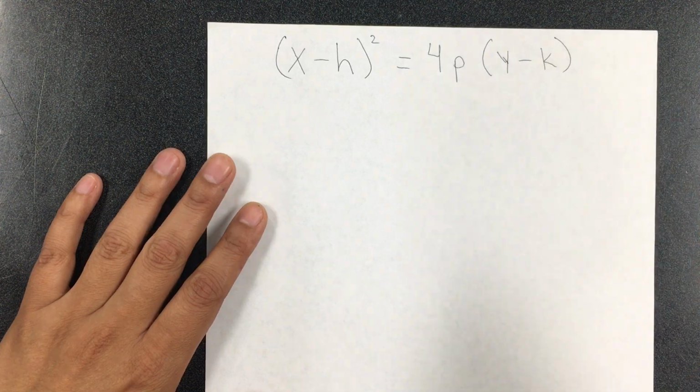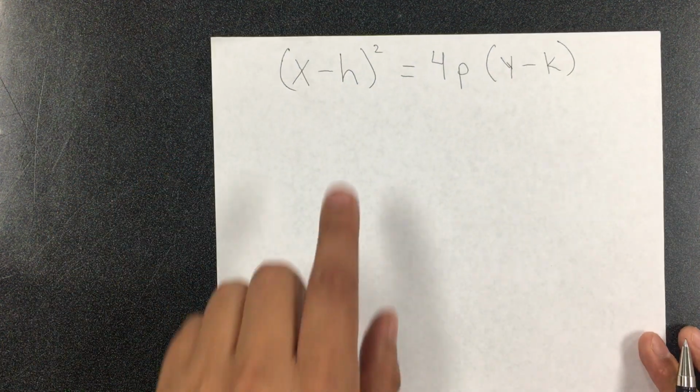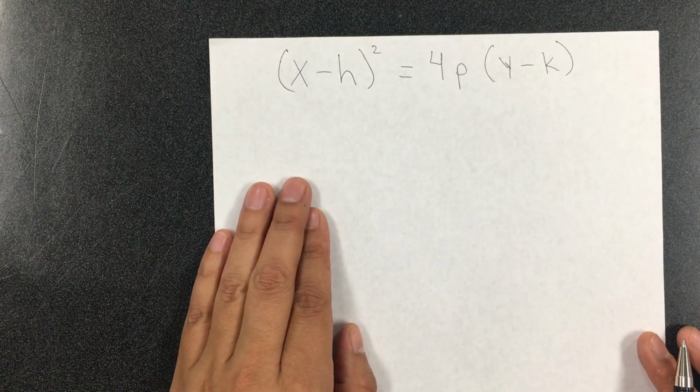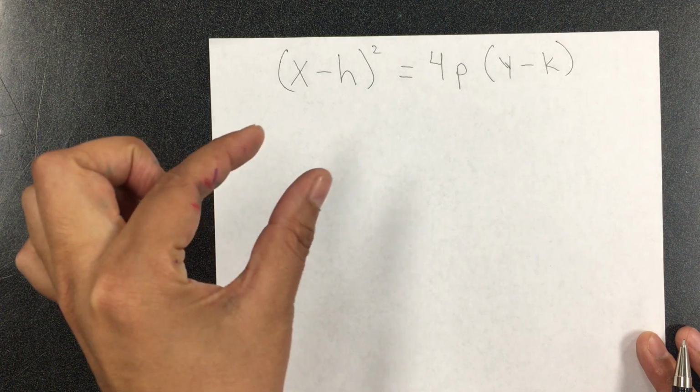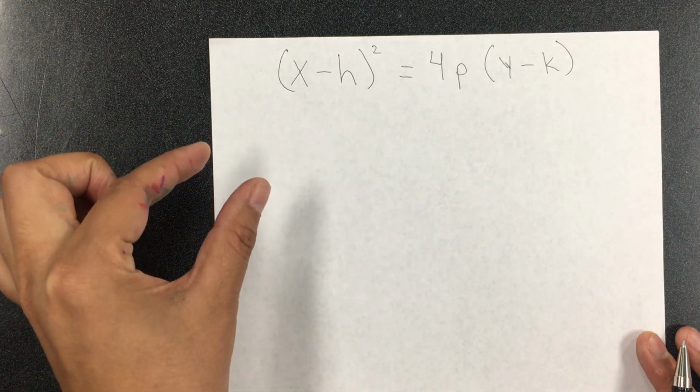So this is the one that is going to be helping us to find the equation or function of the parabola for the specific vertex, directrix, or focus point that they give us.